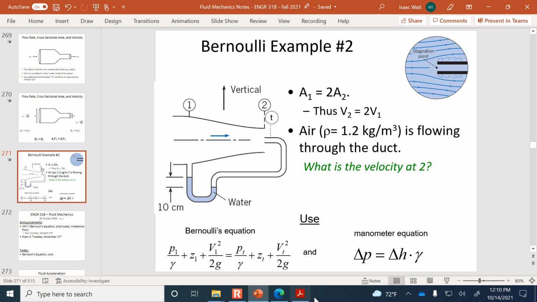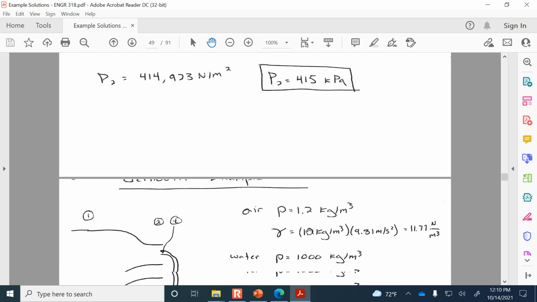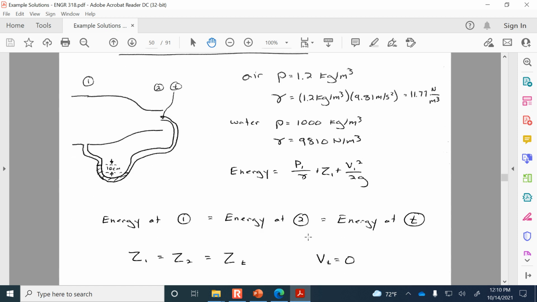So let me bring those calculations up on the screen for the benefit of those who may be watching a bit later. Just with the preliminaries here, with the density of air given as 1.2 kilograms per cubic meter, we could calculate the unit weight of it by multiplying by g.